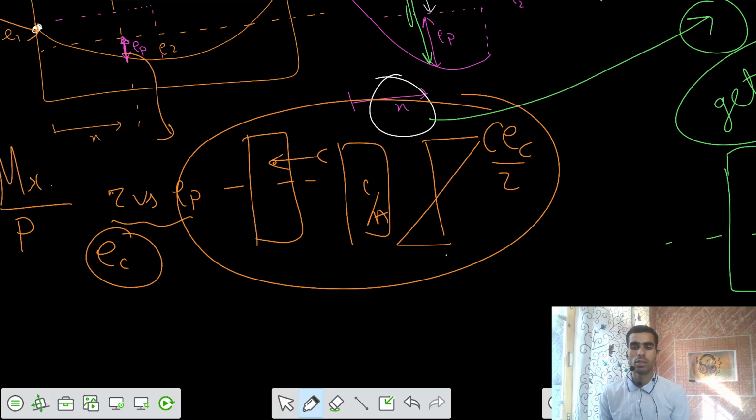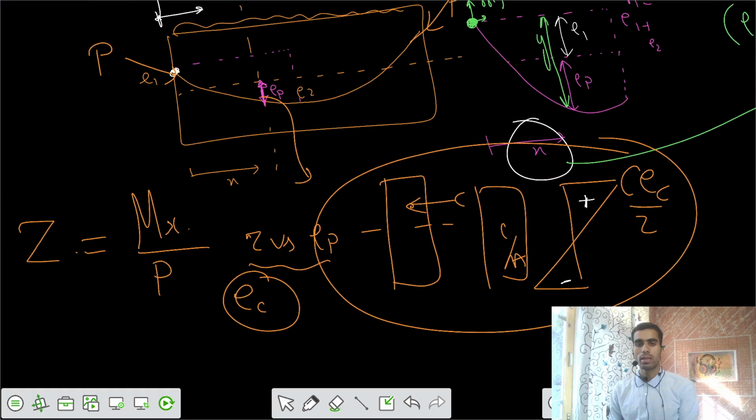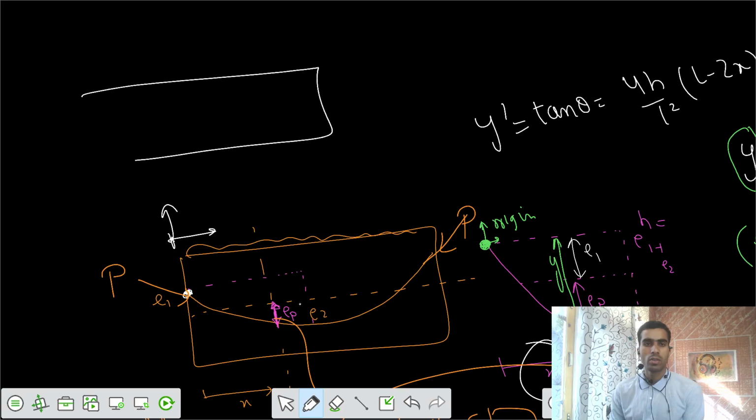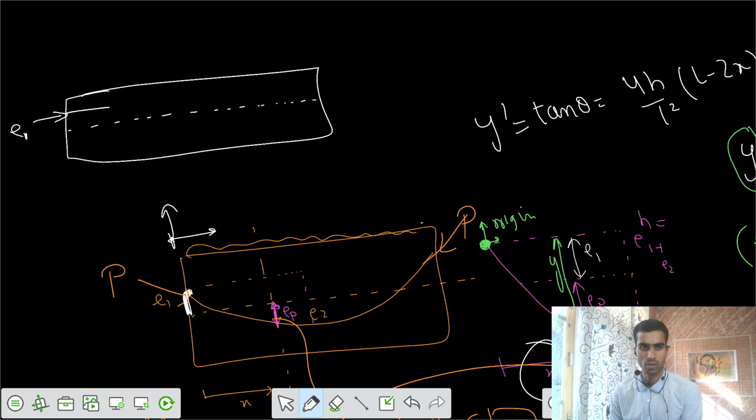And if this is clockwise, if this is positive moment, so top compression, bottom tension. And the third method is load balancing. Corresponding to that, you have some eccentricity of that cable throughout the length, such that it has some eccentricity of E1. This eccentricity we have to keep as a constant value throughout the length.